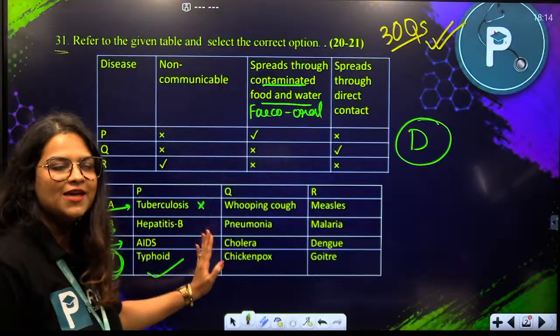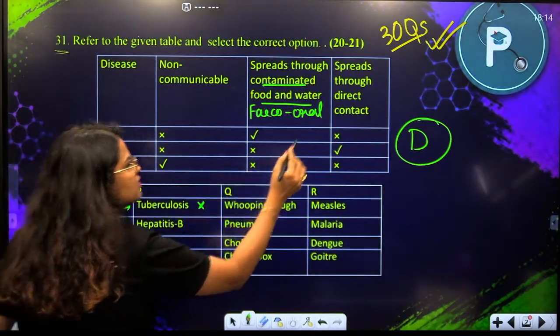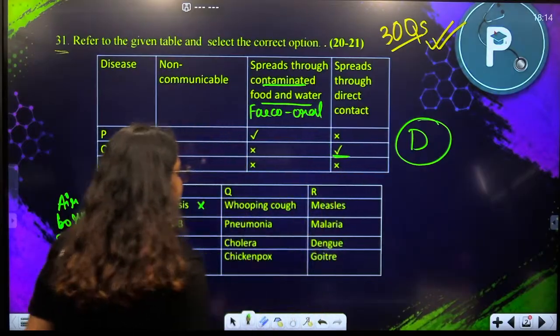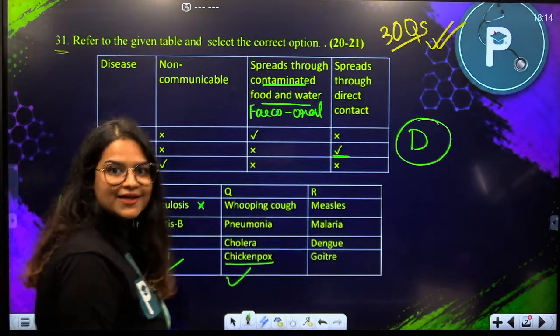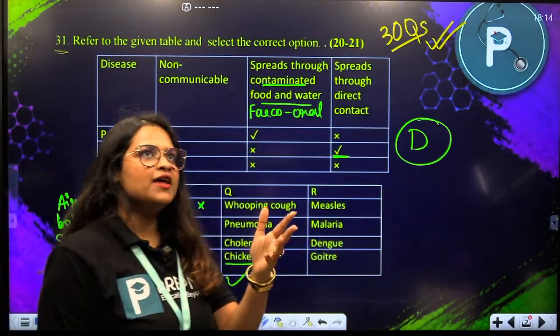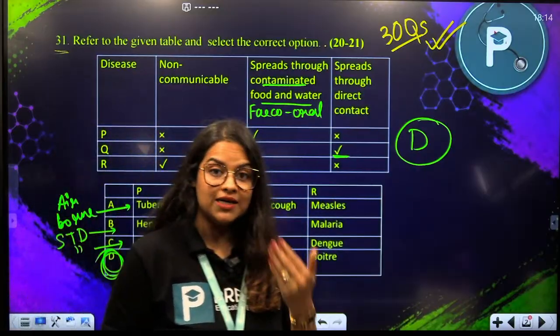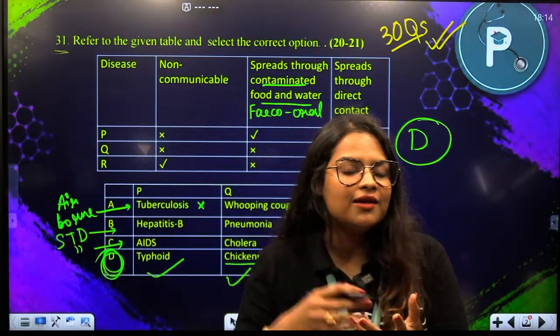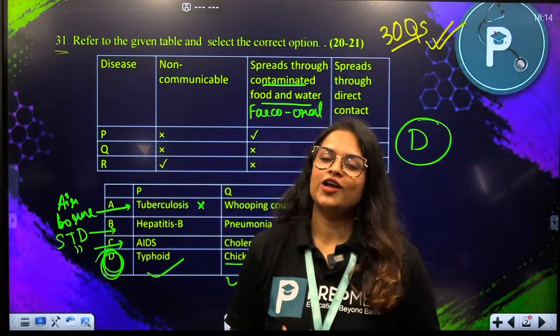We know because of P. But let's read Q and R as well. Q is a type of disease which always spreads through direct contact. So chickenpox, yes, it can spread through direct contact, right? If I am in closer contact with an infected person or using the material or clothes or anything that the infected person might have used, I would contract that disease.